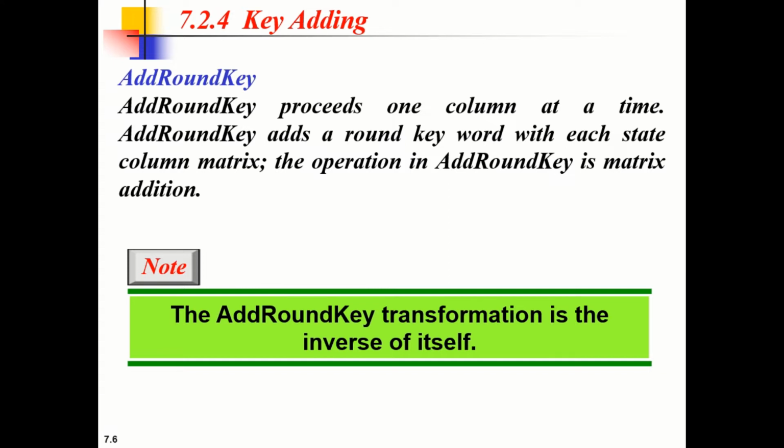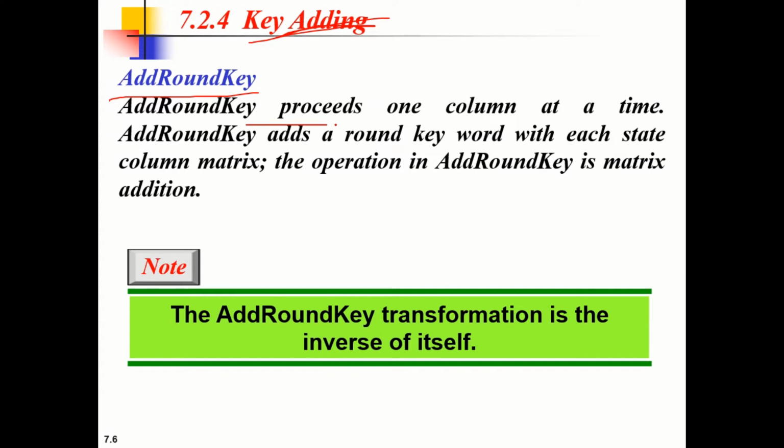So adding the key into the message is a very essential part. The operation which we have under this transformation step is called add round key. If you remember, in the structure also we call this operation add round key.